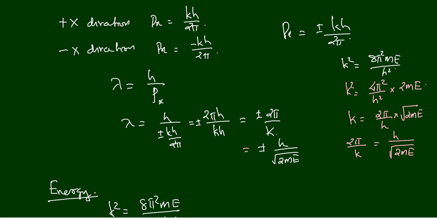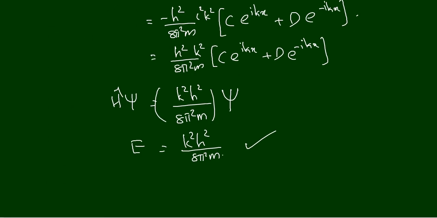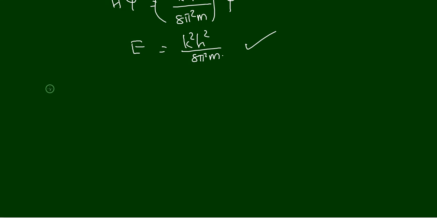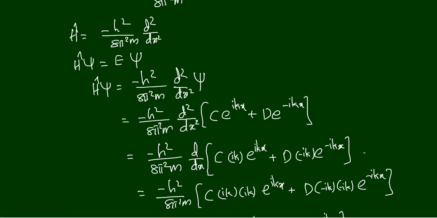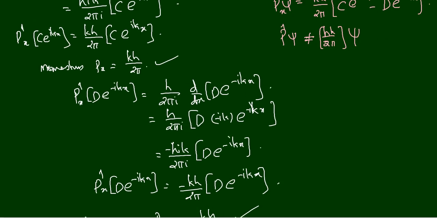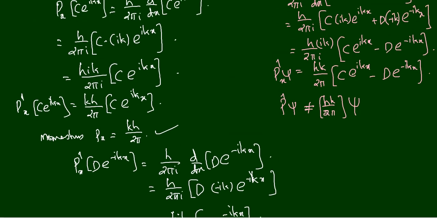Okay, now let us imagine that d is equal to 0. If d is equal to 0, then psi becomes c e raised to ikx, right? Because d is equal to 0. When psi is equal to c e raised to ikx, we have already done this one.